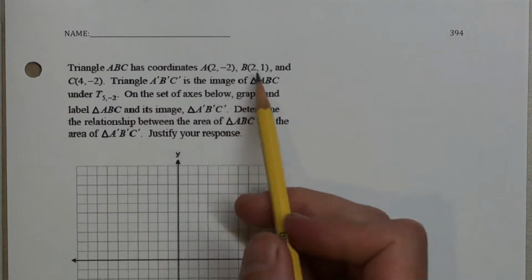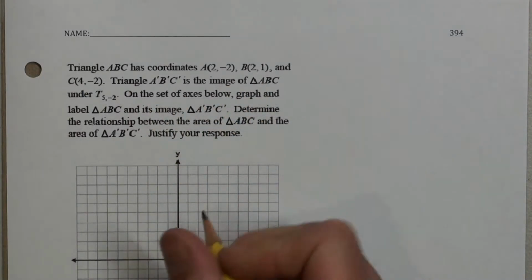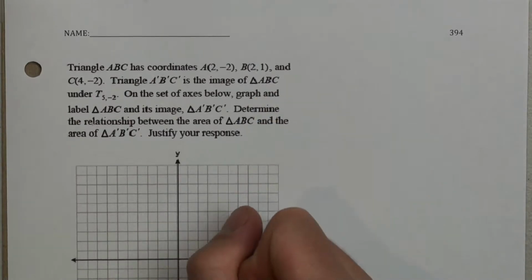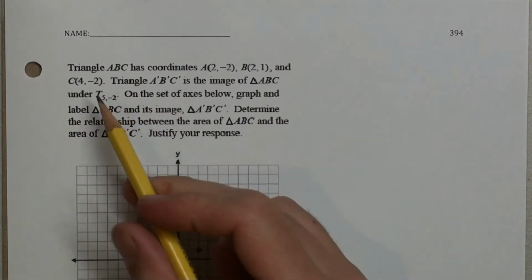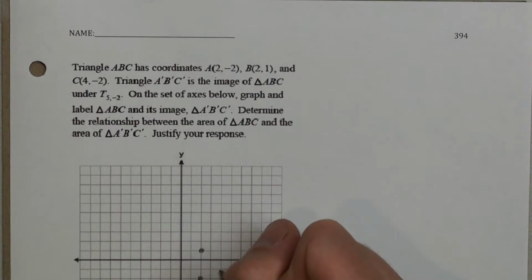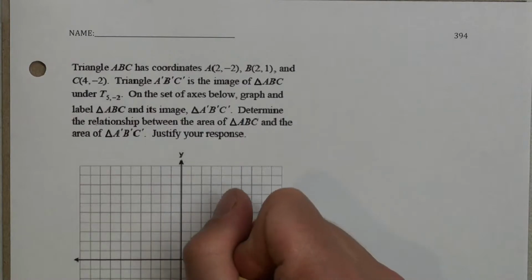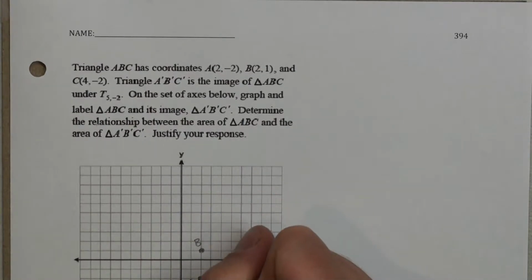Okay, so first we have to graph the original. So A, ABC.